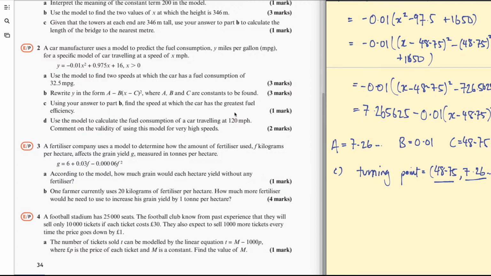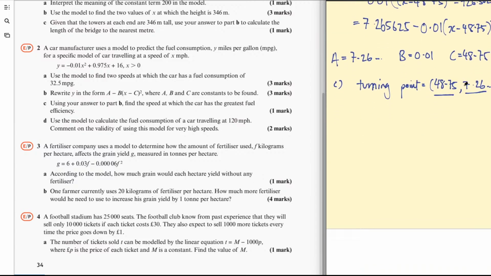So the speed at which it has greatest fuel efficiency is 48.75 miles per hour.